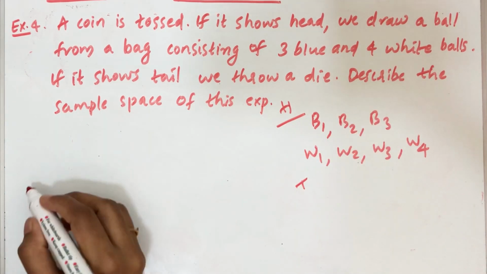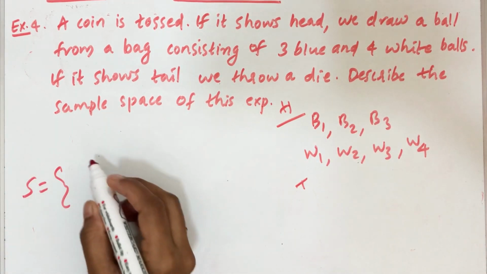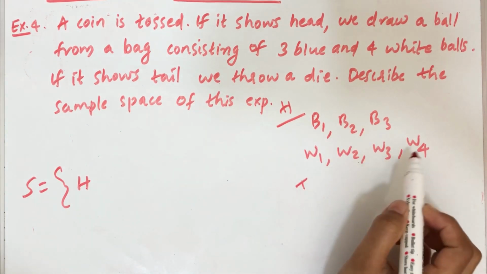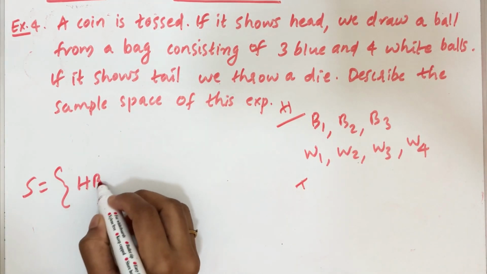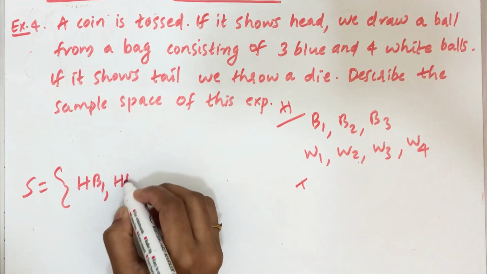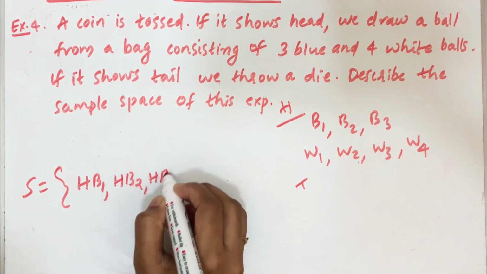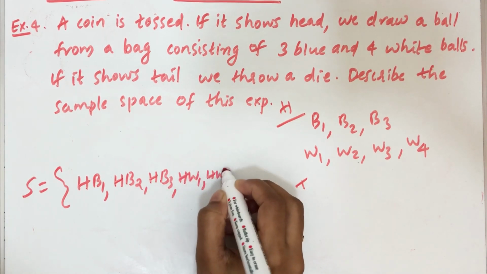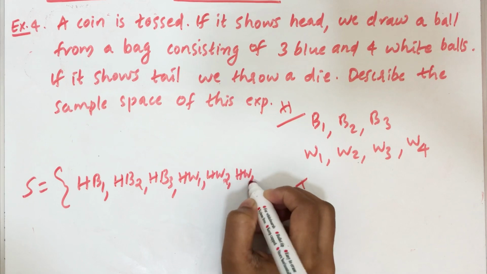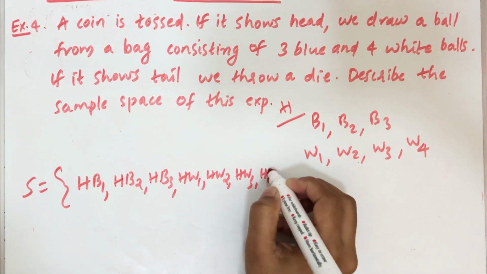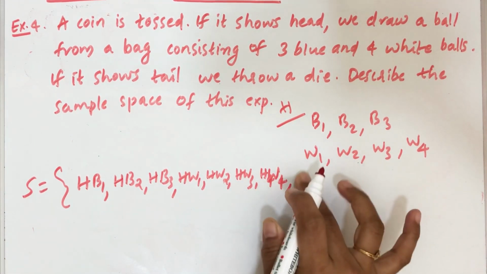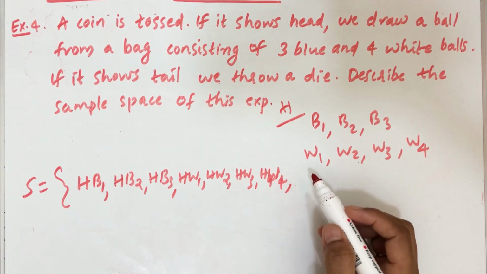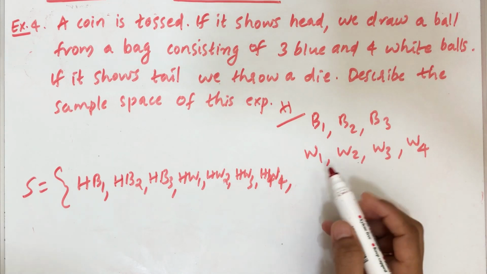So we can see the sample space S is equal to, if it shows head, then we are drawing a ball. Then we have 7 possibilities: HB1, HB2, HB3, HW1, HW2, HW3, HW4. Or if the coin shows a tail, then we are throwing a die. There we have 6 possibilities.